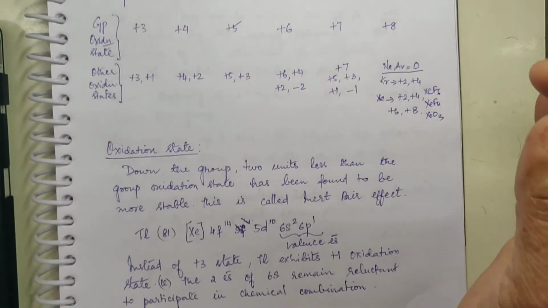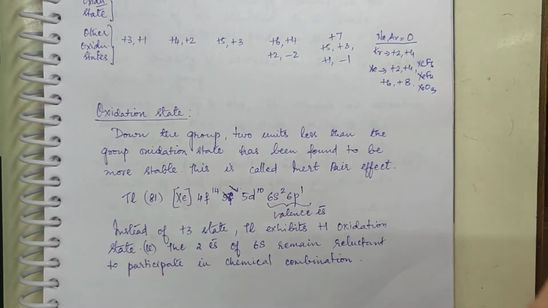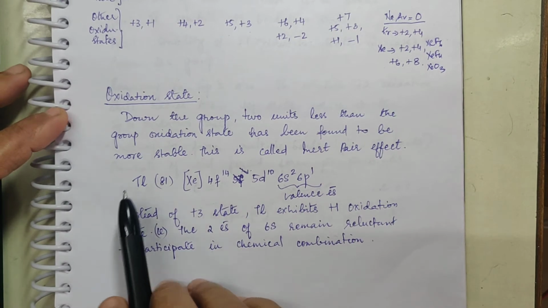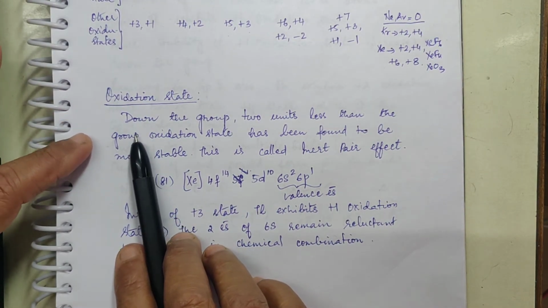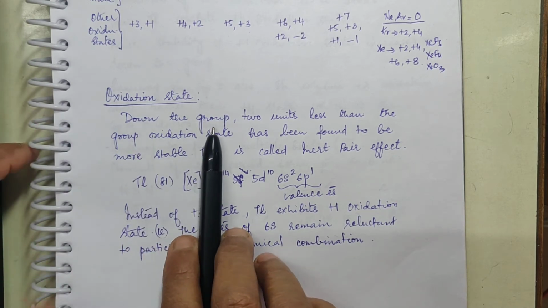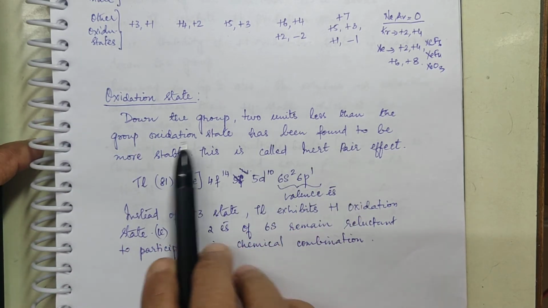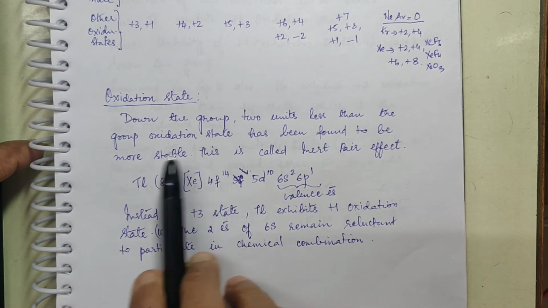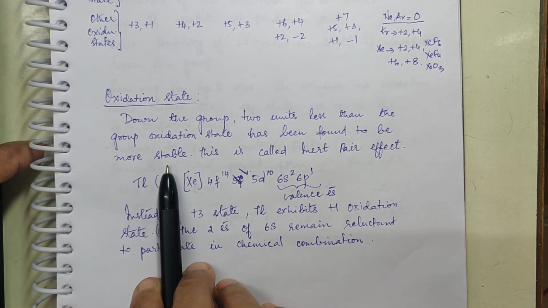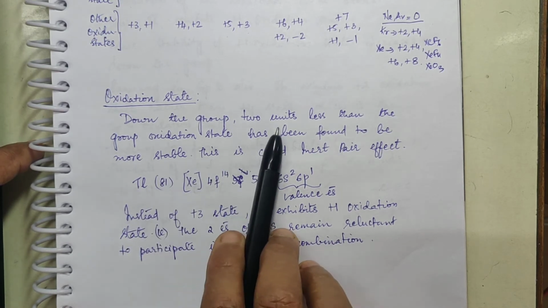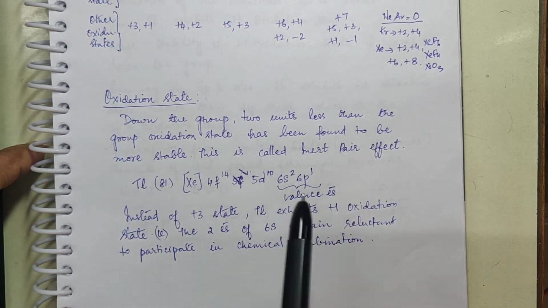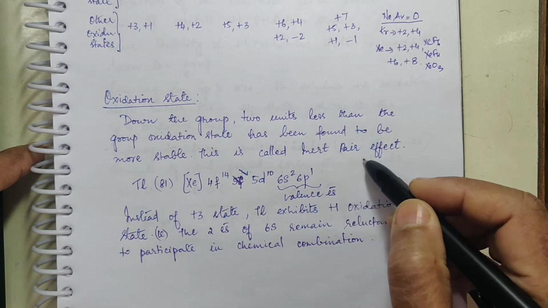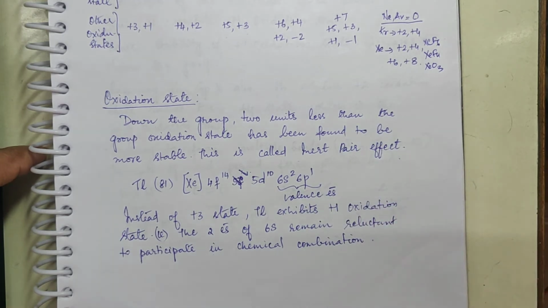Okay, now when you consider these oxidation states, a very important topic, please understand this clearly. Down the group, 2 units less than the group oxidation state has been found to be more stable, and this is what you call the inert pair effect.